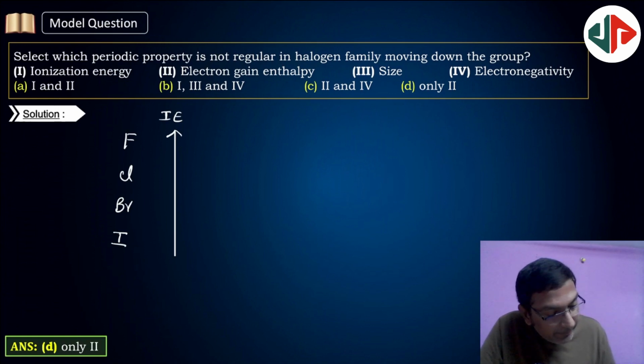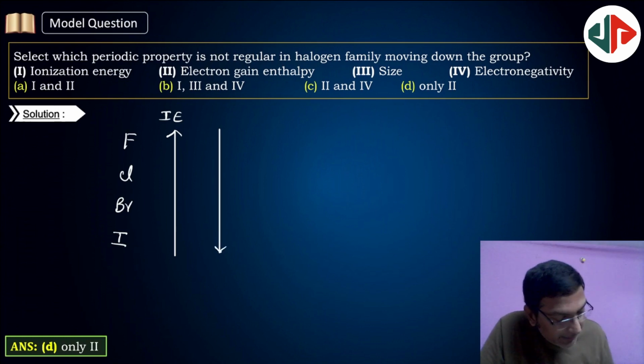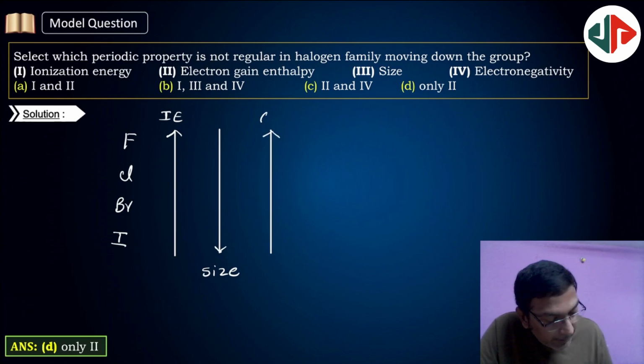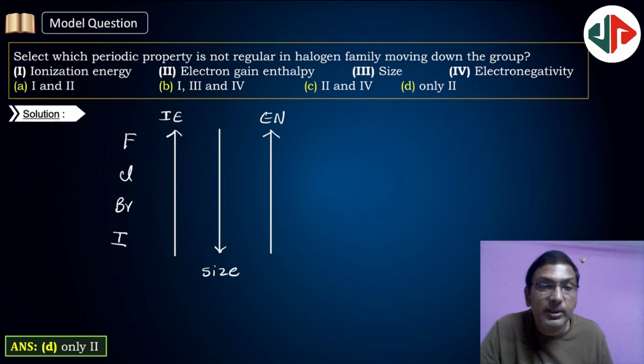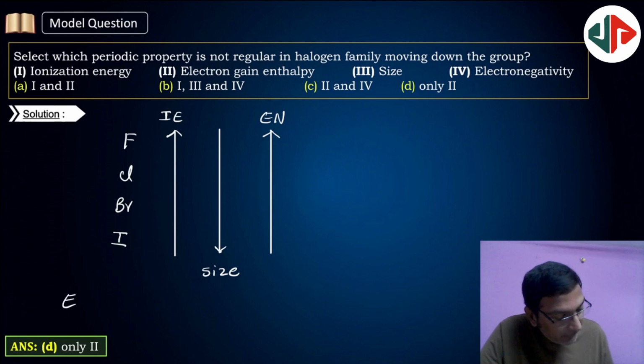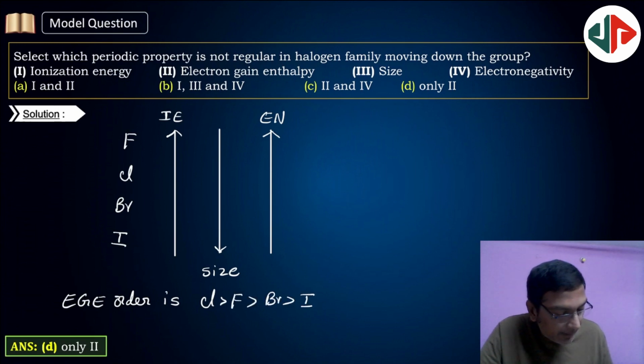Next, size. Down the group, size increases. Next, electronegativity. Fluorine is most electronegative. These are regular. But electron gain enthalpy order is Cl, F, Br and I. It is not regular.